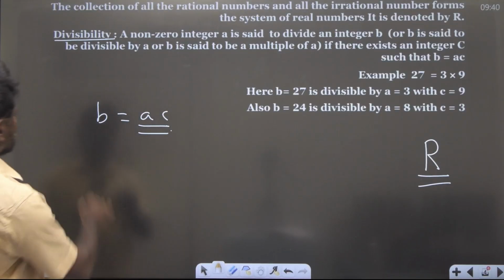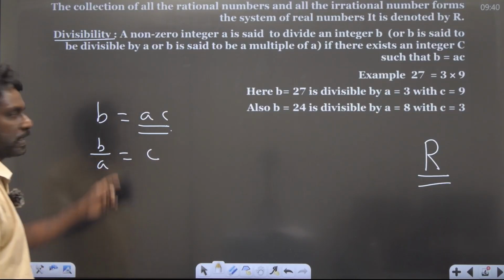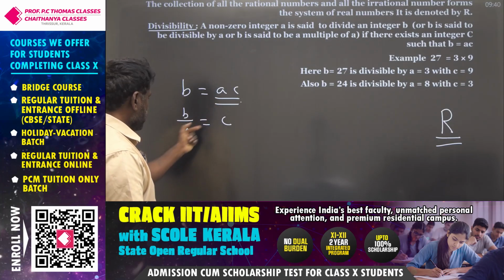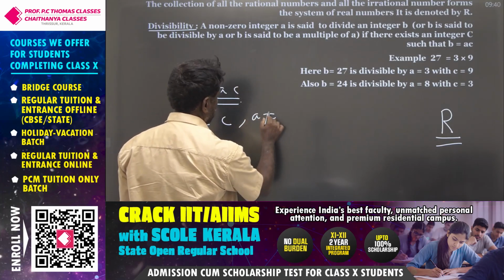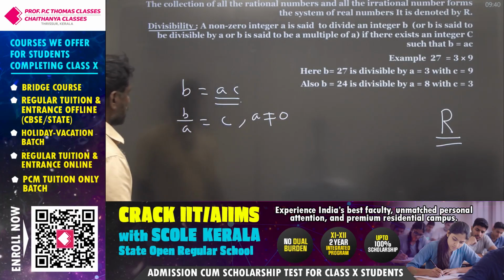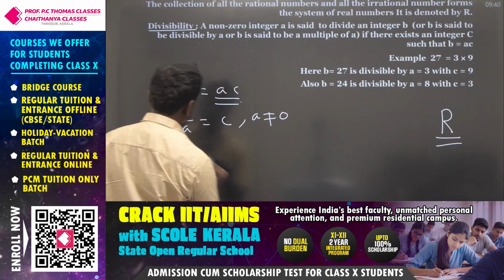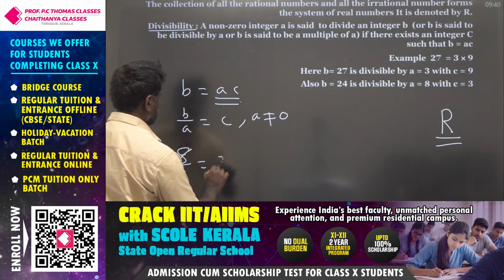b equal to ac, or b by a equal to c. We can represent it like this: b equal to ac, or we can take a to the left hand side, b by a equal to c, where a is not equal to 0. For example, 8 by 4 equal to 2.